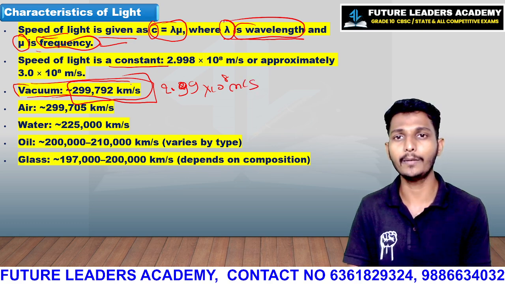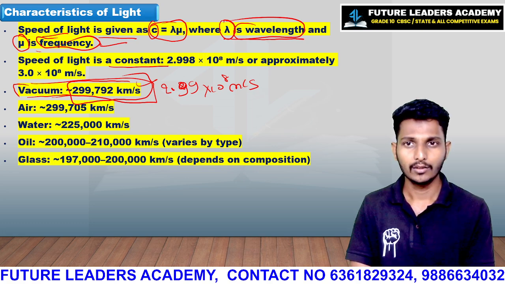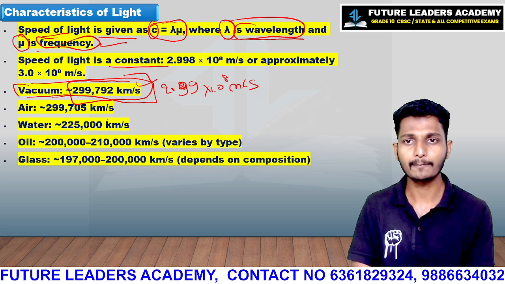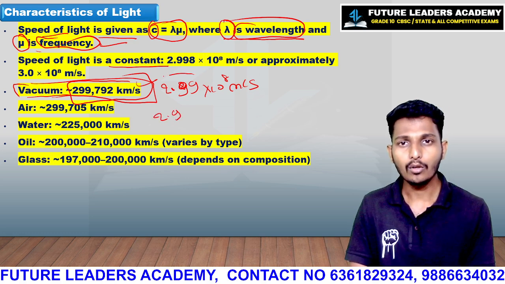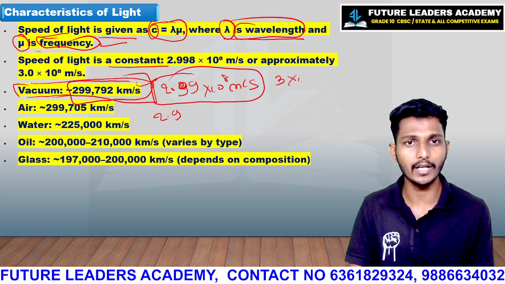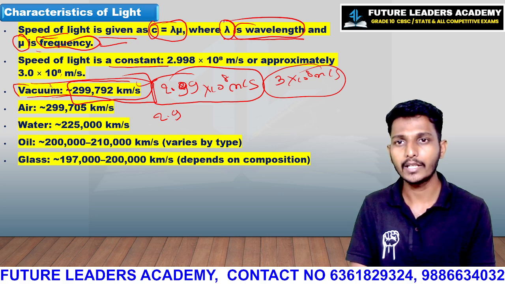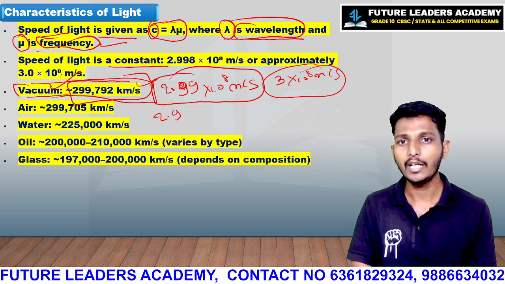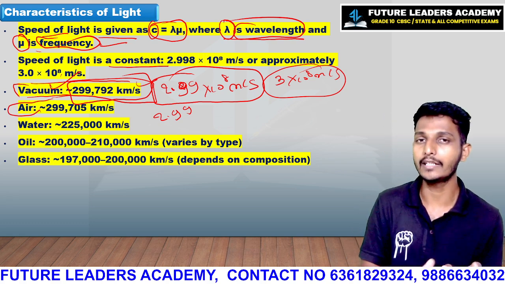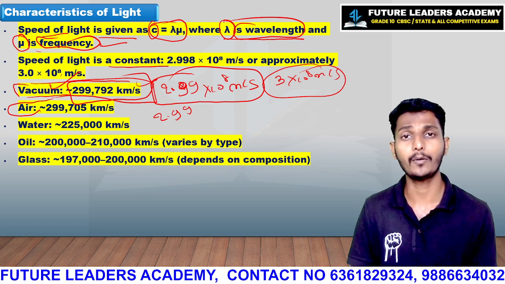In air, it is about 2.99, which can be considered approximately 3 into 10 to the power 8 meter per second for the vacuum medium, and the slightly lower value for the air medium. I am saying 2.99 in the form of meter per second, 10 to the power 8.